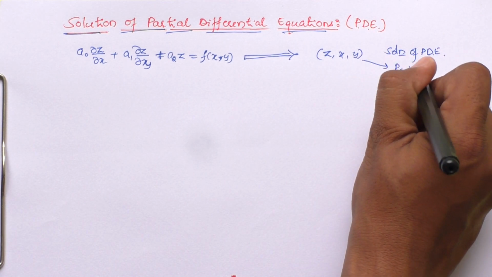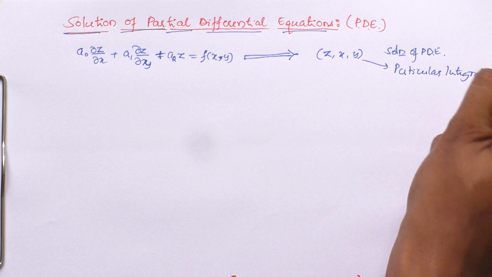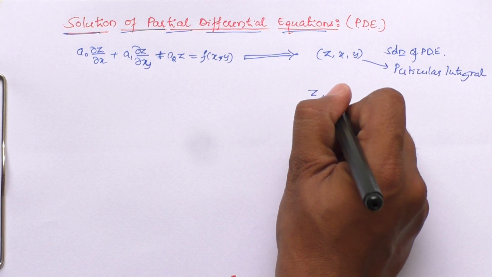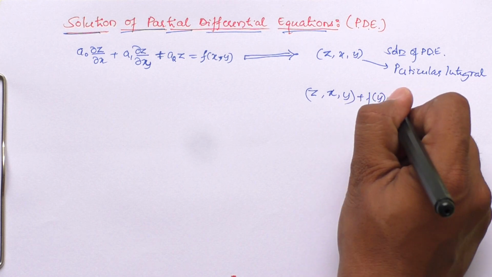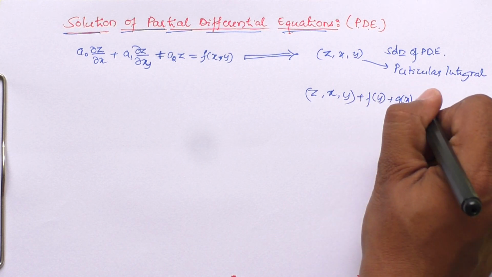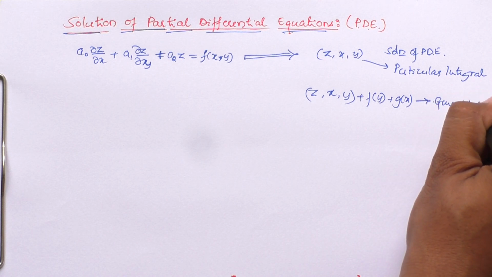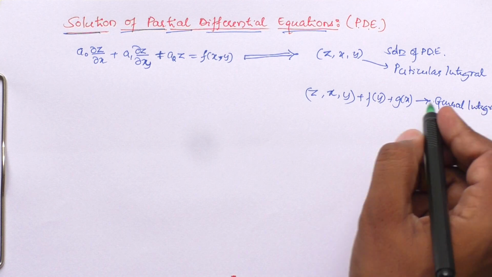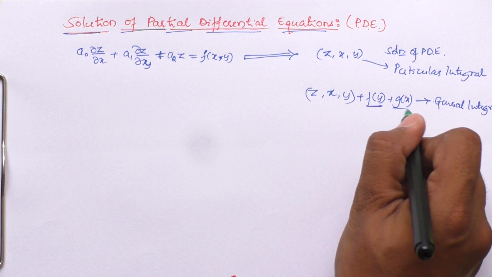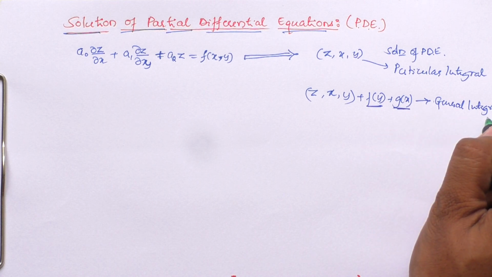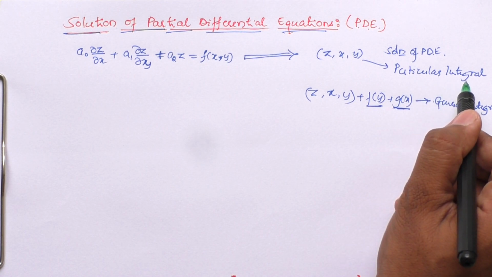Instead, along with z, x, y, if it involves some arbitrary functions like f of y, g of x, it is called a general integral. So the solution itself is called the integral, and if it has arbitrary terms, it is a general integral; if it has only z, x, y terms, it is a particular integral.